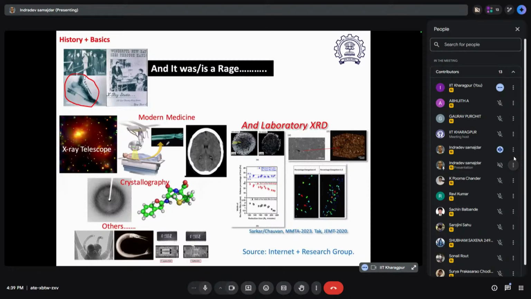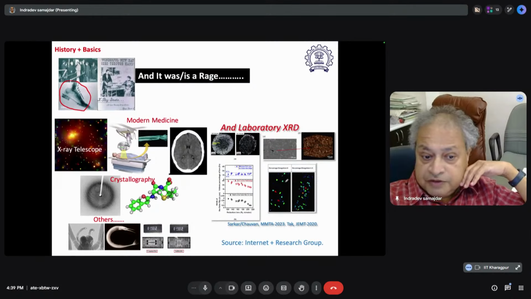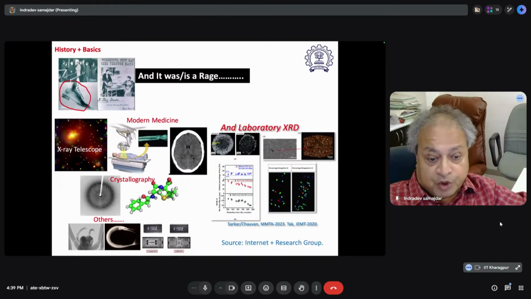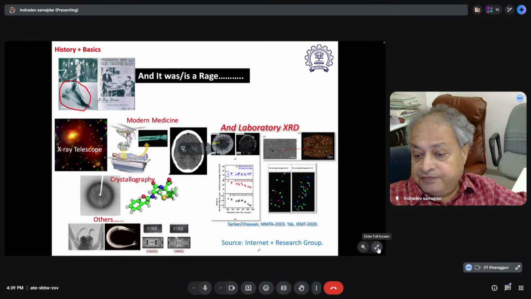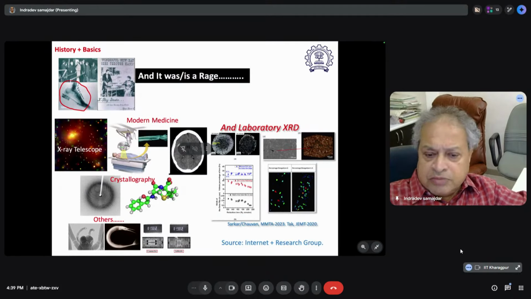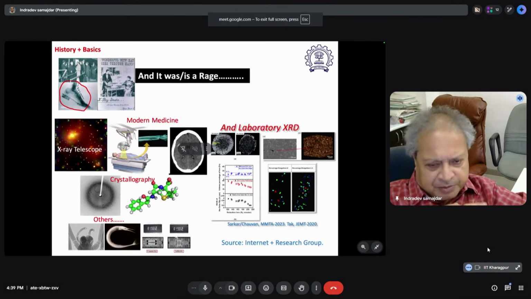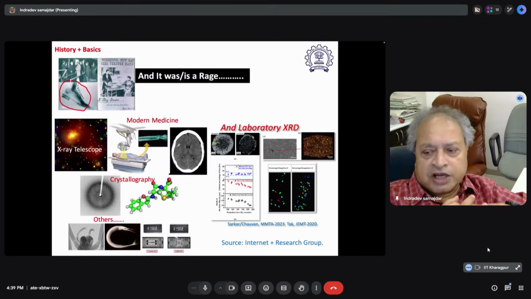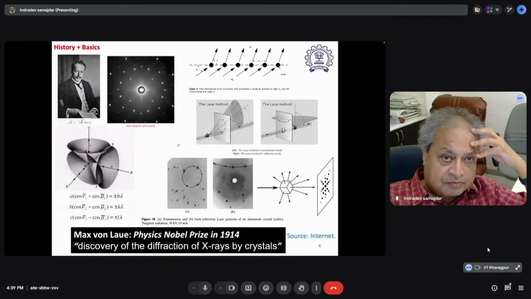In modern medicine, there is laboratory XRD, tomography, or for that matter this exotic subject of protein crystallography, all kinds of animal tomography, etc. So, X-rays became extremely popular. Almost all PhD students, experimentalists at least, will encounter X-rays some way or other. Now, where does the science start from?